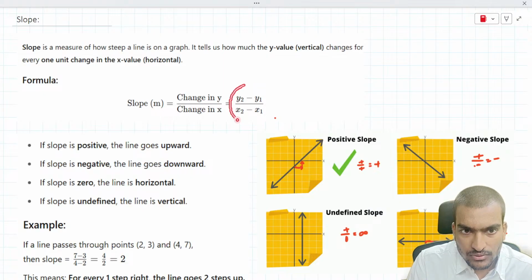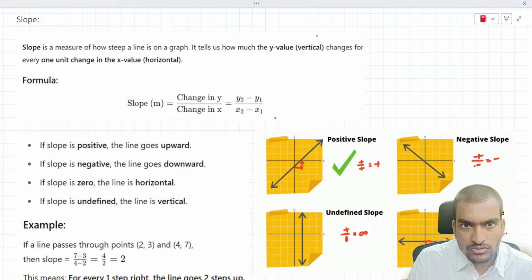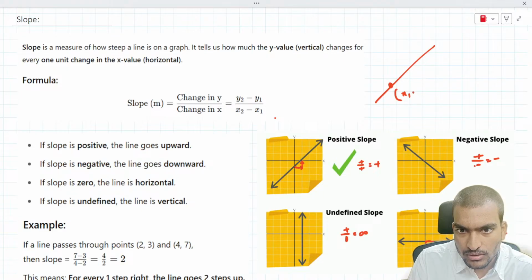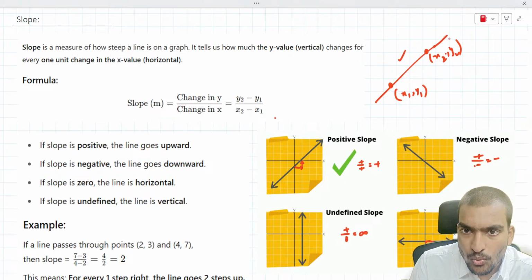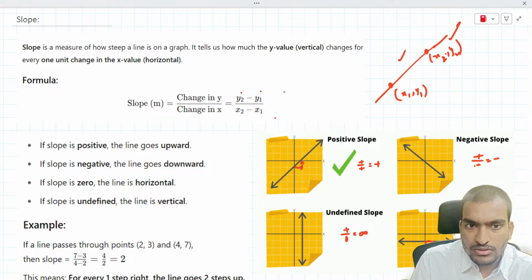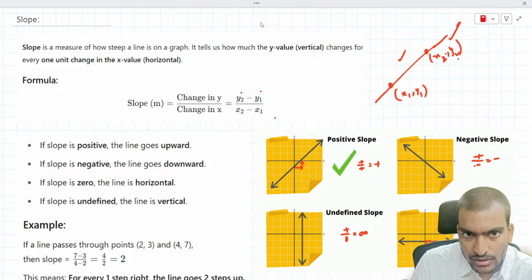And we say y2 minus y1 by x2 minus x1. Let's say there is a point x1 comma y1 and x2 comma y2. So the slope of this line is y2 minus y1, the change in y.